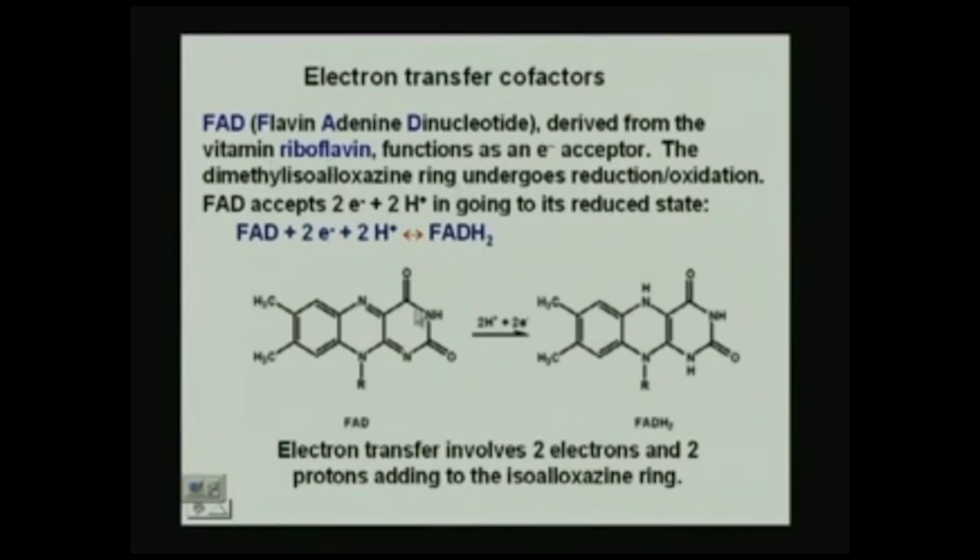This also functions as an electron acceptor, because when we consider electron and proton movements, we have to consider which cofactors or prosthetic groups are going to combine with the enzymes in taking up or providing the protons. So, in this electron transfer process for FAD going to FADH2, these are the 2 nitrogens that are going to take up the 2 hydrogens in becoming FADH2.